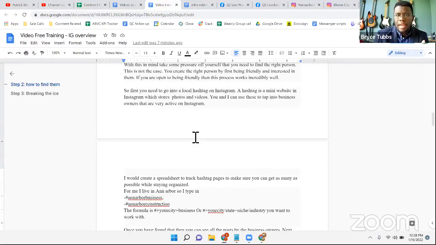Awesome. What I would do is make a spreadsheet to track the hashtag pages, so you can get as many as possible while staying organized. For example, here's a baby version of what I did, just to show you what this looks like and how I would use the hashtags.